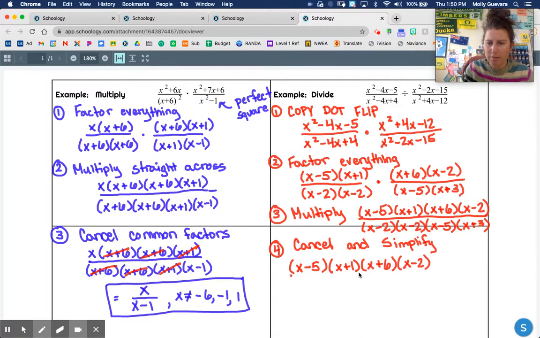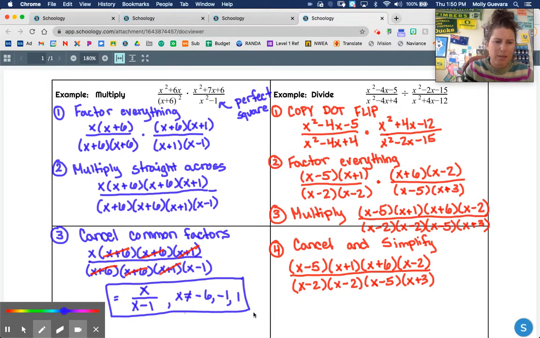Again, I'm just rewriting exactly what I wrote in the previous step. So on the bottom, x minus 2, x minus 2, x minus 5, and x plus 3.